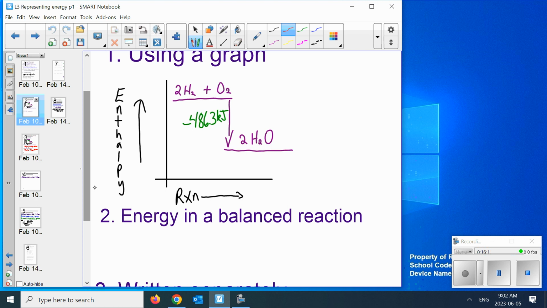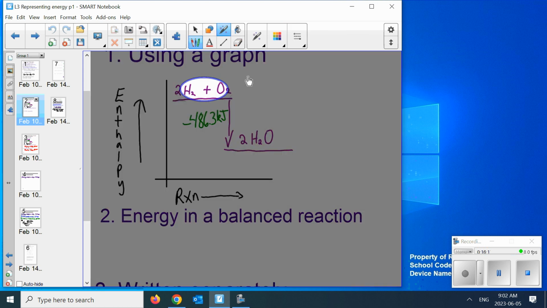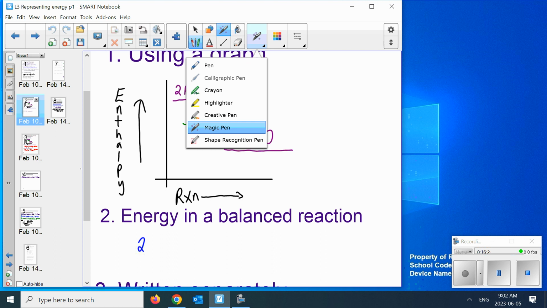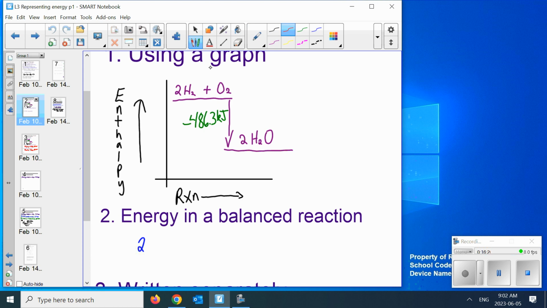You notice what it starts with. These are our reactants. Okay, we're going to start with that. 2H2 plus O2. I'm going to put in the little g's here. It wasn't in the graph. That means they're gases.